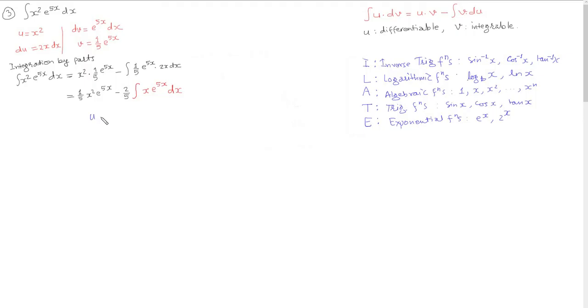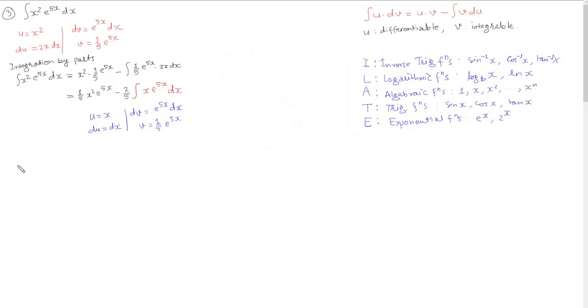So u would be x and dv equals e to the power 5x dx. So simply du equals dx and v equals 1 by 5 e to the power 5x. Okay, so that's all.